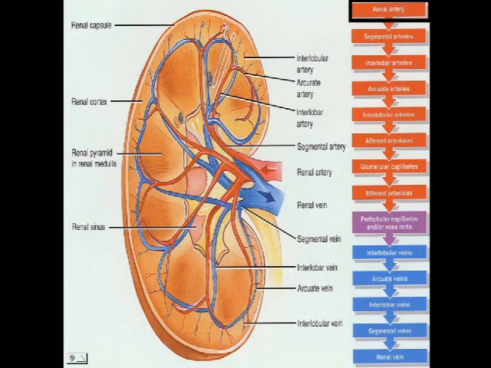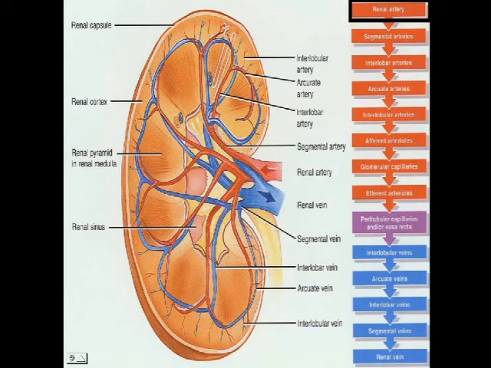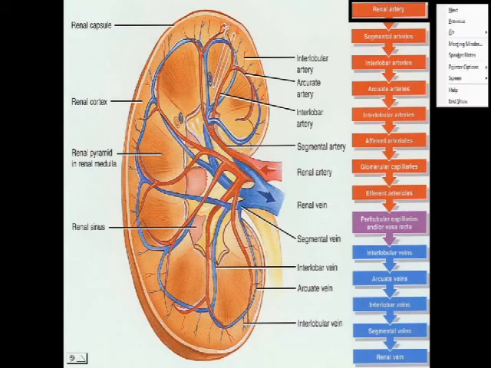The renal artery enters into the kidney through the hilum, and then it divides into the segmental arteries. Segmental arteries give rise to the interlobar arteries, and interlobar arteries give rise to the arcuate arteries, which are in between the medulla and the cortex.